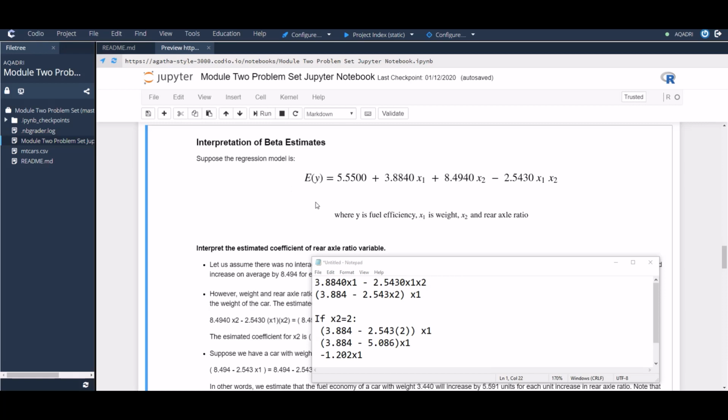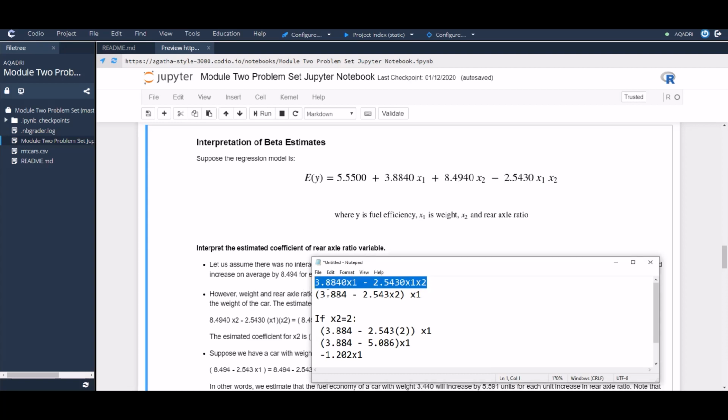So we can use the same strategy to interpret the estimated coefficient for the variable weight. What I would do is first look at the term that includes the weight variable, that is 3.884x1, and then include the interaction term that includes weight, which is negative 2.543x1x2.